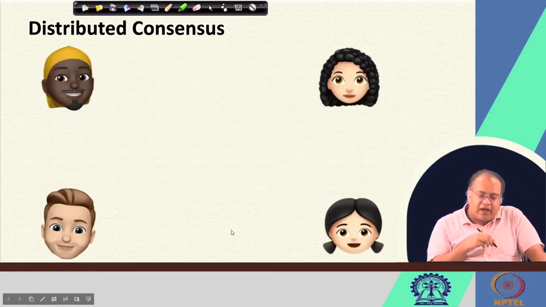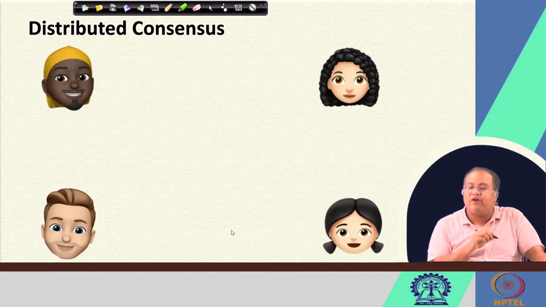So, here is the typical model for distributed consensus. Let me explain it with the help of an example. Assume that you and 3 of your friends, 4 of you, after this class want to go to either a burger shop or a pizza shop to have some food.